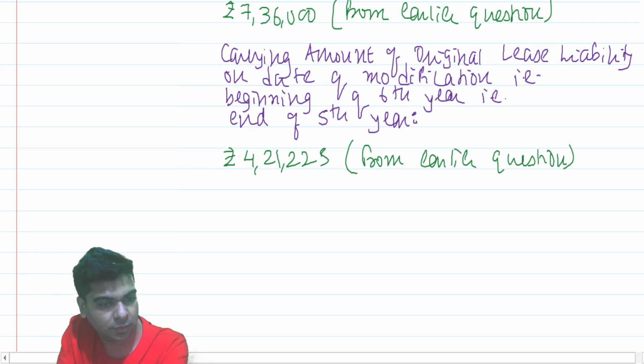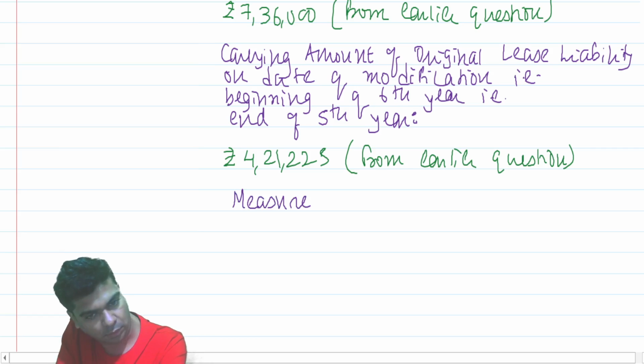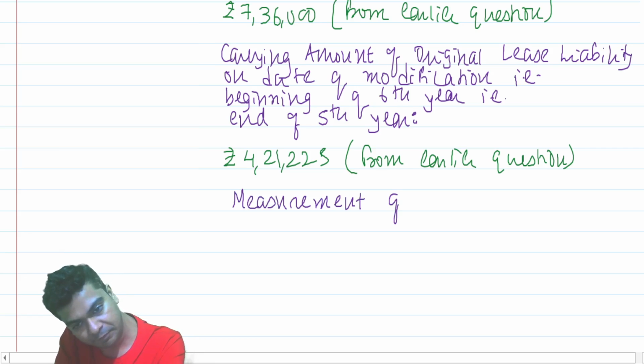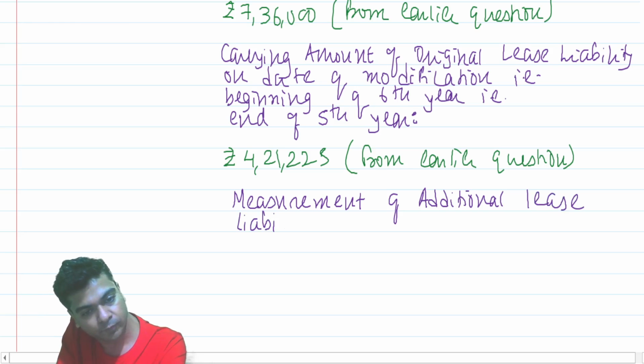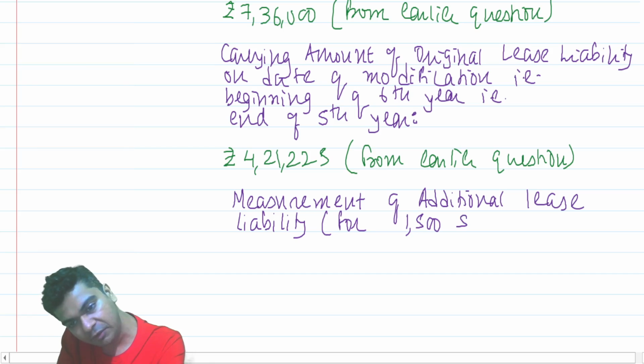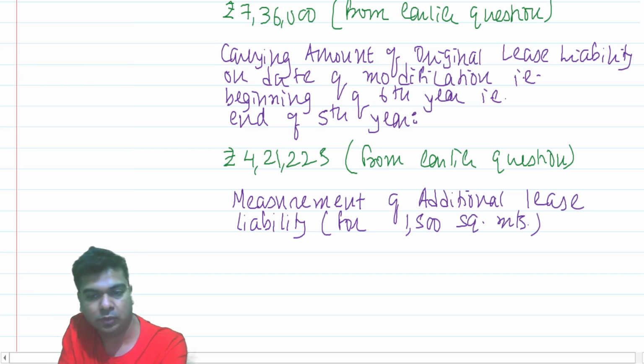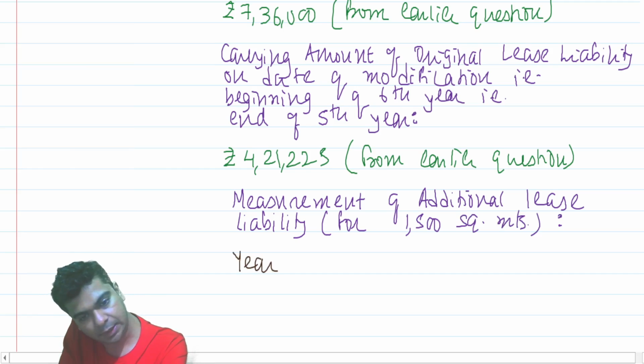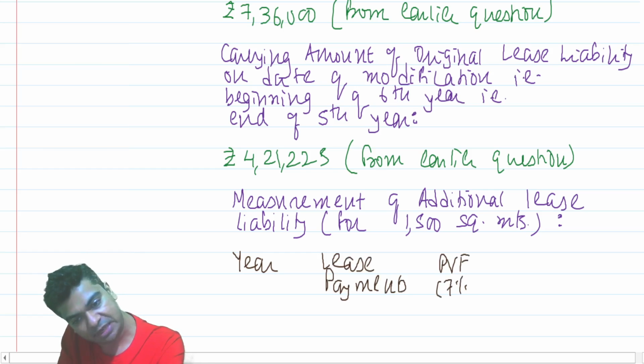Say measurement of additional lease liability, say for 1500 square meters. Here these payments. Now the discount rate has become 7%.